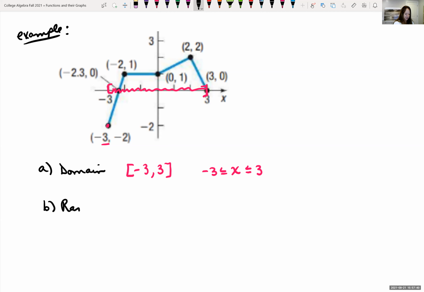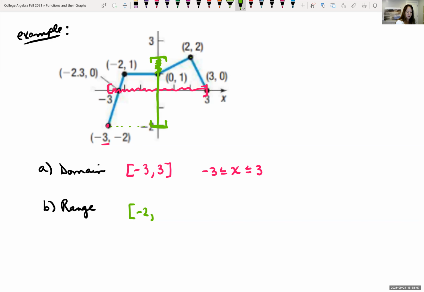The range, these are all the y values that we're hitting on the graph. If I look at the smallest y value, notice the smallest y value in here is -2. And I'm including it because that's a solid circle. So -2 all the way up to the highest y value that I'm hitting, which is 2.